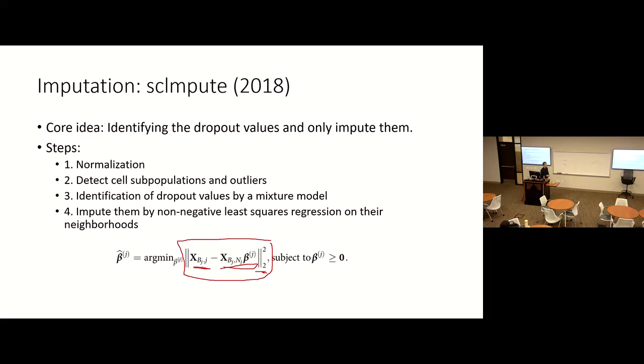So they try to find the values of beta, which are some parameters, that help to make these two matrices' difference as small as possible. When you have an argmin, you find the parameter combinations that make the whole norm as small as possible.